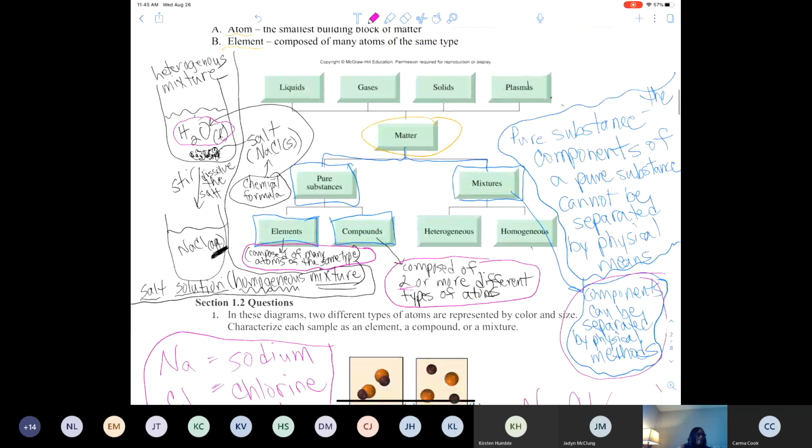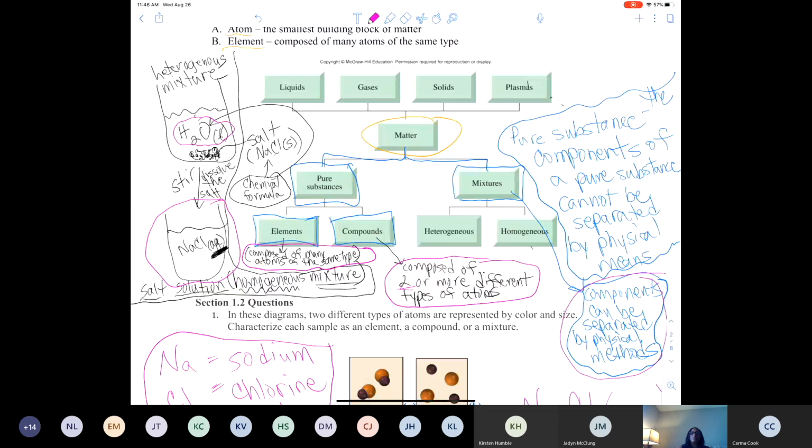So take a look at our homogeneous salt solution that we just made. Can I separate out the two components of this homogeneous mixture with a physical method? And if so, what physical method should I use? Or do I need to use more than one type of physical method?